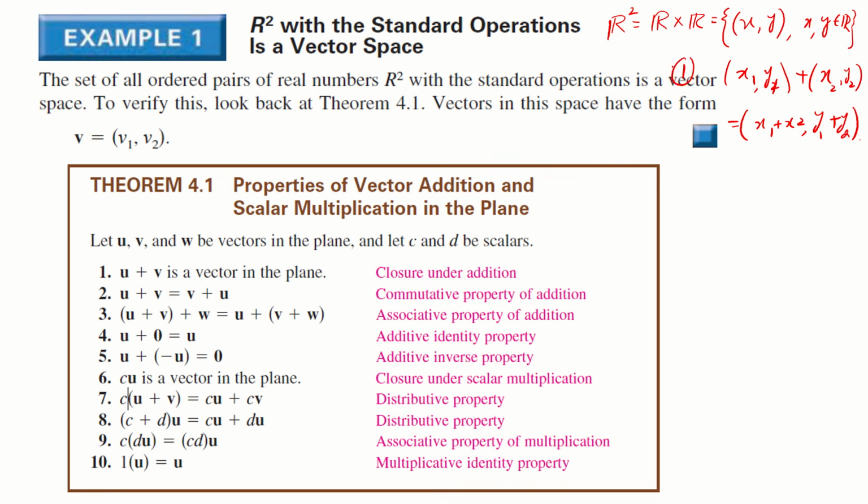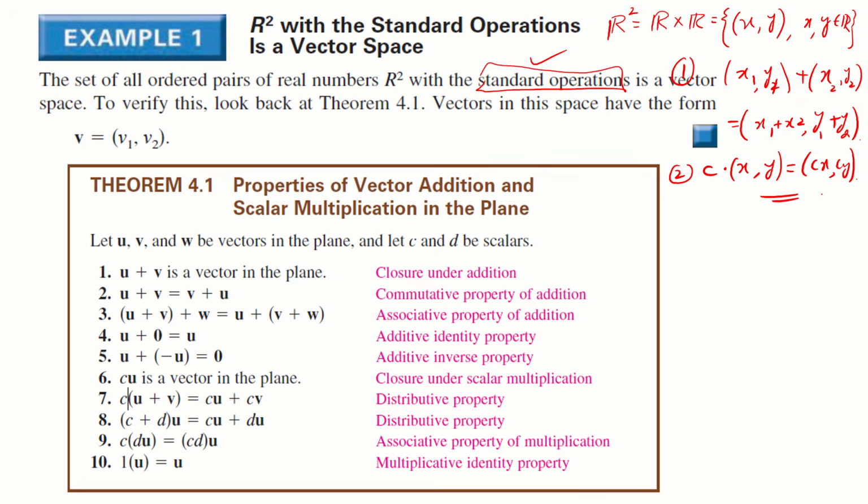This is called addition. The second operation, when you multiply it with c, that is c(x, y), it will be (cx, cy). These are the two operations defined on R2. That's why we call them standard operations or usual operations.